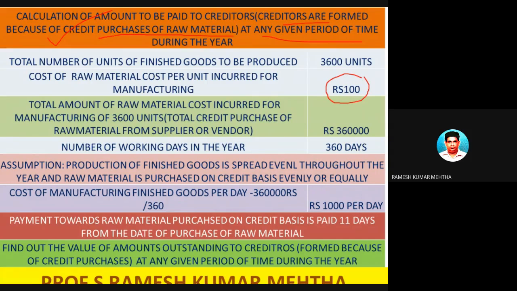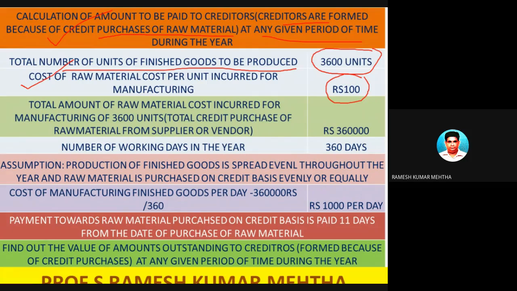So we have taken a hypothetical example. Total number of units to be manufactured during the whole year is 3,600 units. Now, I told you raw material is the one which has been purchased on credit basis, and that is the reason we have creditors to whom we have to pay money, and the amount is outstanding.